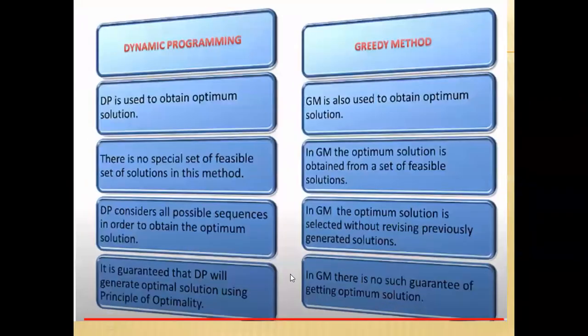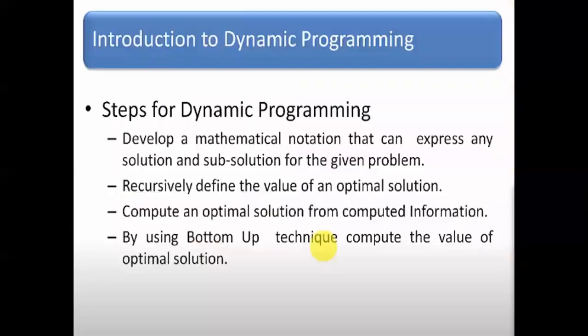Another difference is that the greedy method has no guarantee of getting the optimal solution, but dynamic programming is guaranteed to generate the optimal solution using the principle of optimality.